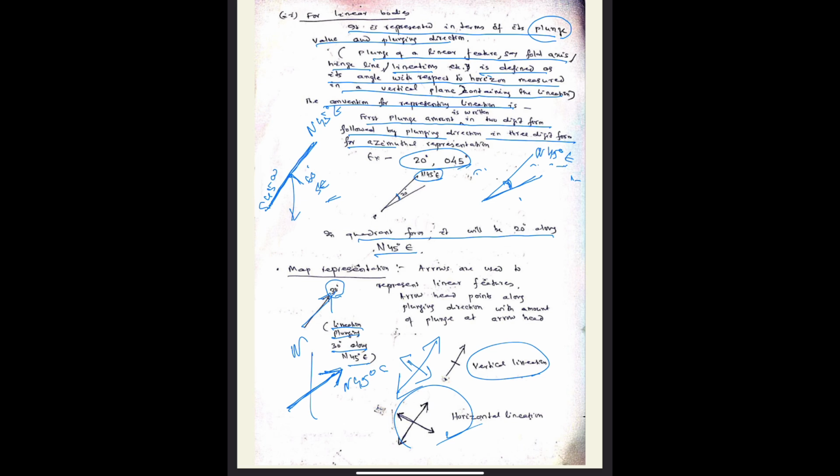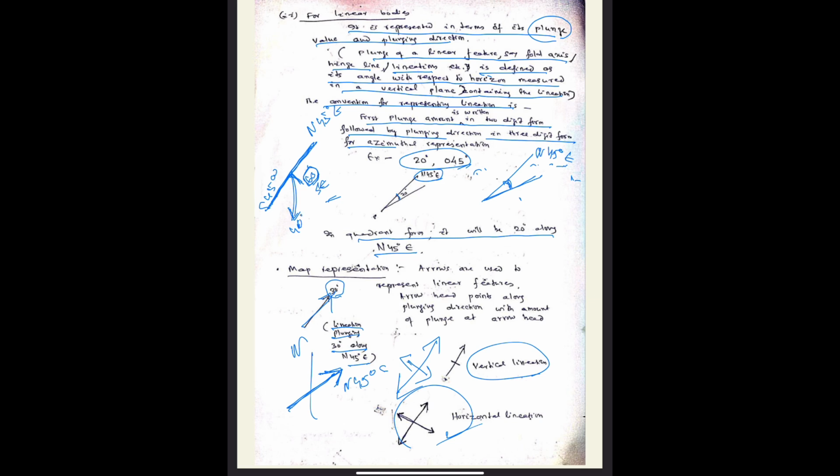That means this plane is containing a lineation which may have plunge direction toward this side with a plunge amount, let us say 40. Because if this is the dip value, the plunge value will be either equal to that or less than that. It cannot be more than that.